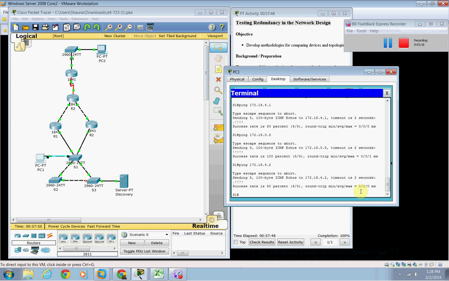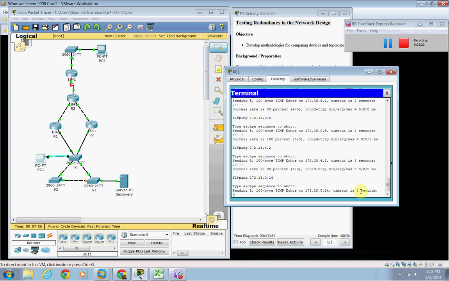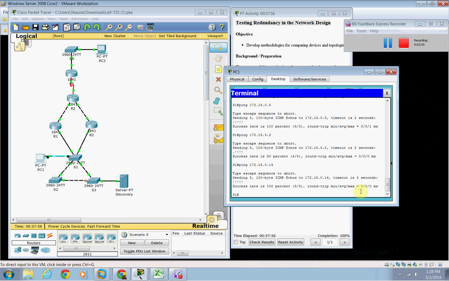Then we'll do router 3, which is 0.14. And we're going to do router 4, which is 8.1. Okay.